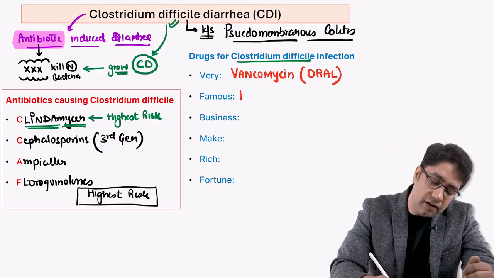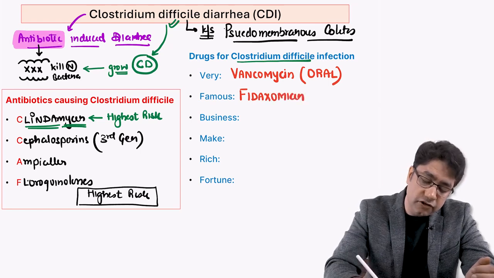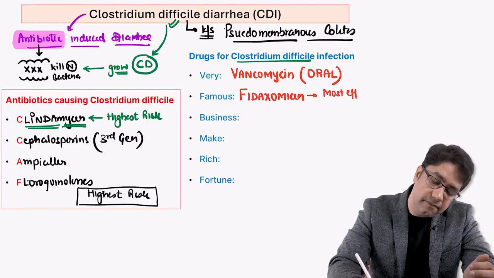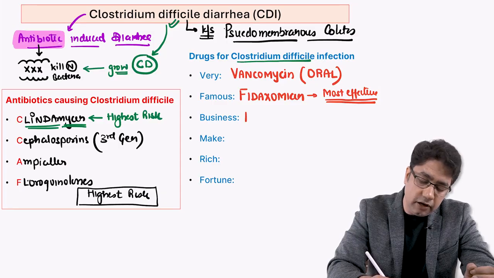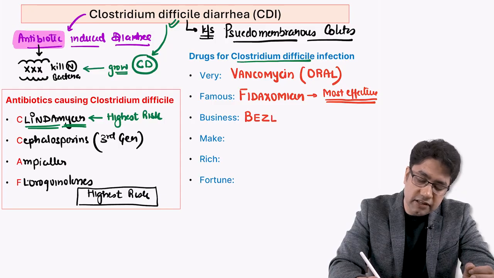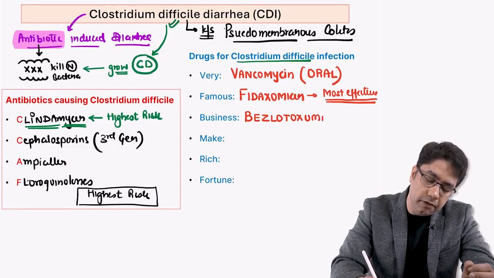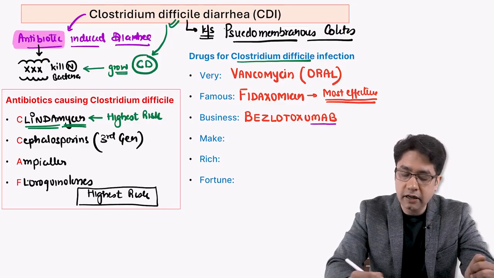Another drug we have is fidaxomicin. This fidaxomicin overall is the most effective drug. It is even more effective than vancomycin. Then we have one antibody specifically made for Clostridium difficile infection, bezlotoxumab. MAB means monoclonal antibody.